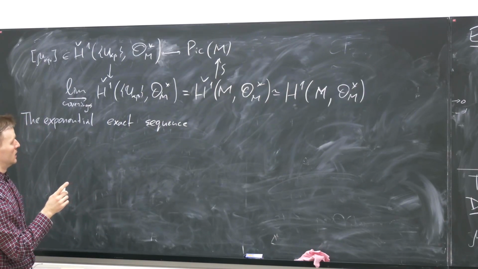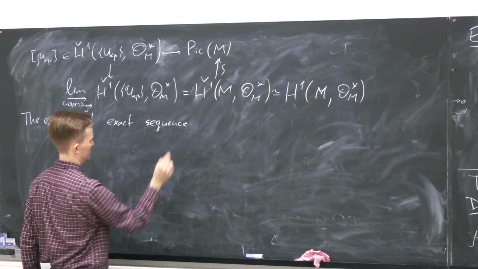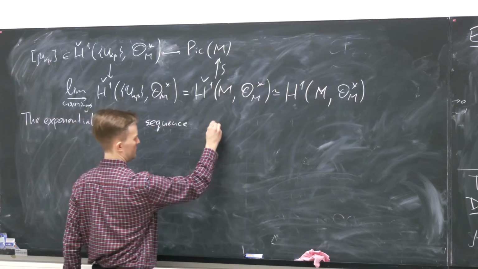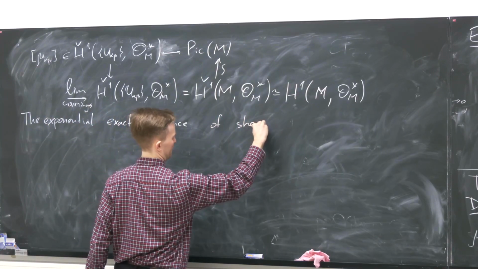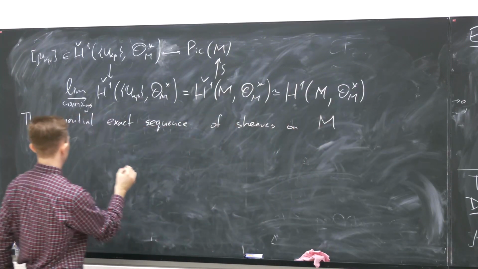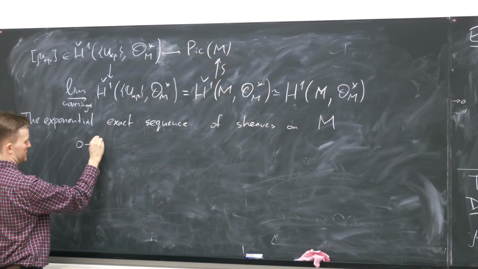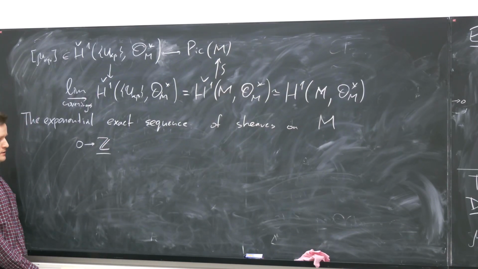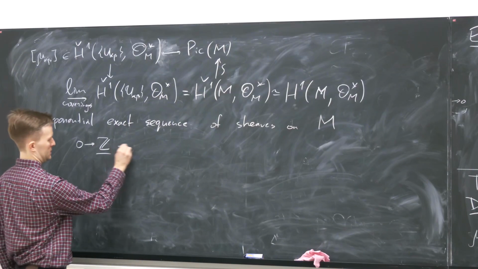Okay, so I want to consider the following sequence of sheaves on M. I take the constant sheaf with fiber Z. Let me denote it like this, with the underline, just not to mix it up with the other notation.